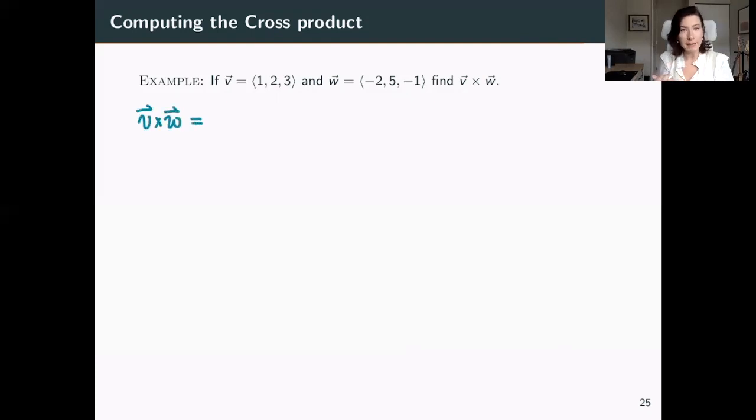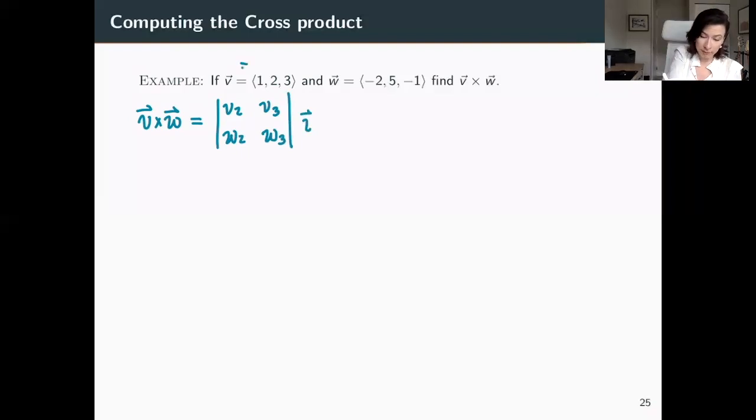So this, by definition, is going to be equal to the determinant of V2, V3, W2, W3 times the standard basis vector i. How did I know this? Well, remember that our vectors v and w have components V1, V2, V3. My i, standard basis vector, corresponds to V1 in writing v in terms of i, j, and k.